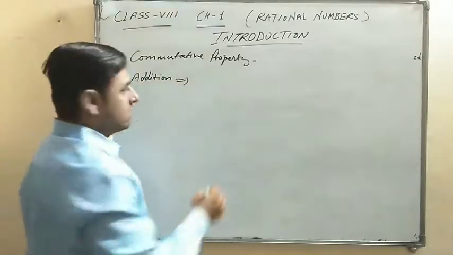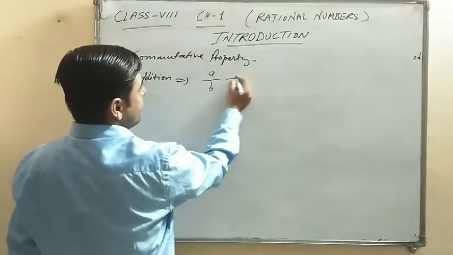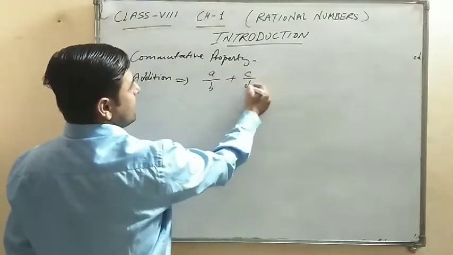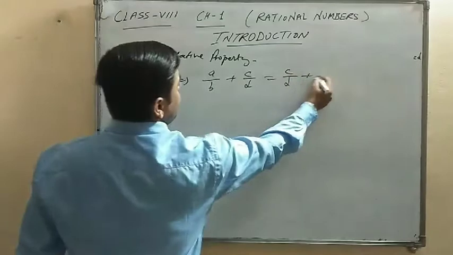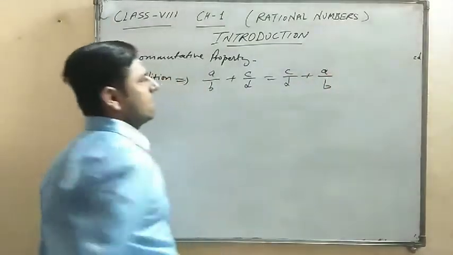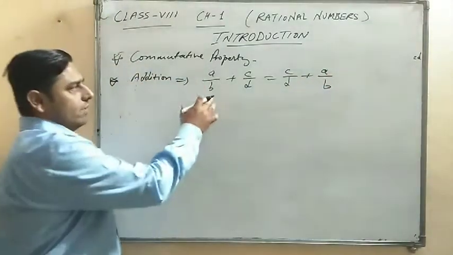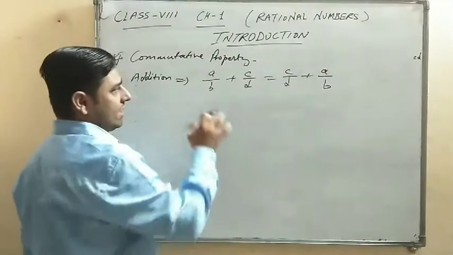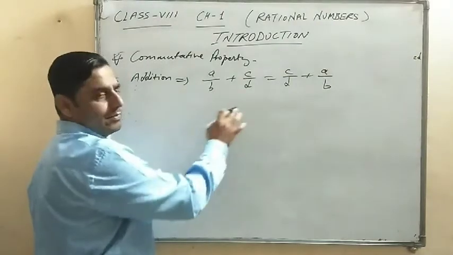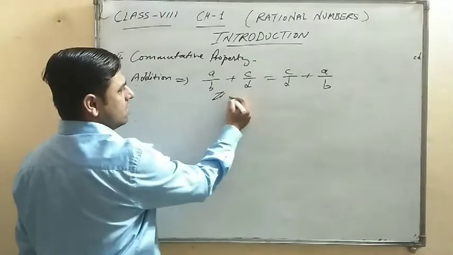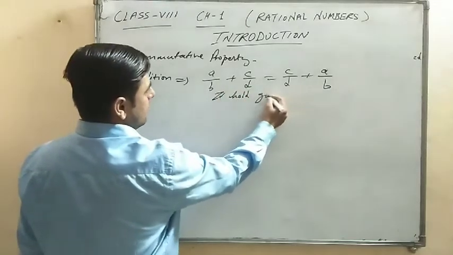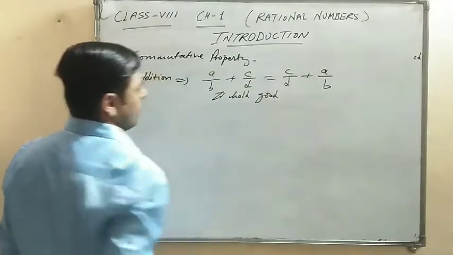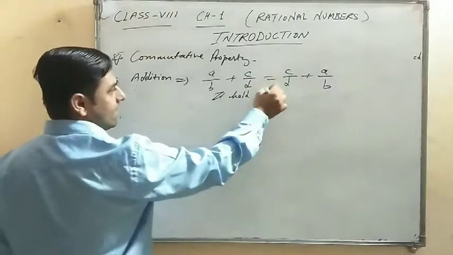According to addition, we have to write like this: a upon b plus c upon d, c upon d plus a upon b. Its order will be changed, but the result will remain the same. So it holds good for these conditions.